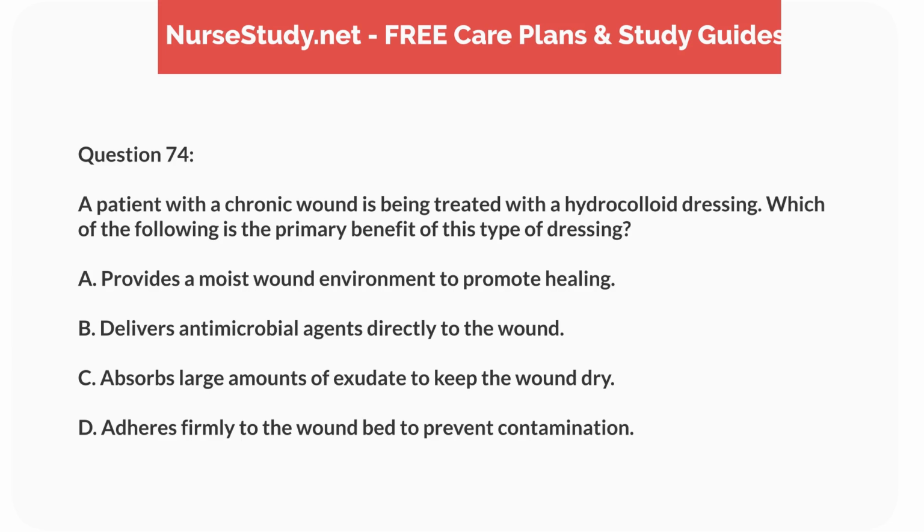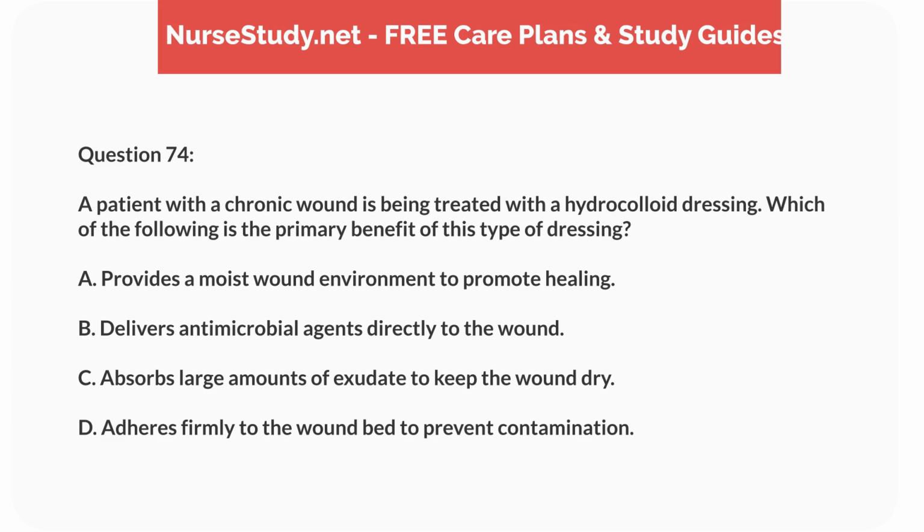Question 74. A patient with a chronic wound is being treated with a hydrocolloid dressing. Which of the following is the primary benefit of this type of dressing? A. Provides a moist wound environment to promote healing. B. Delivers antimicrobial agents directly to the wound.